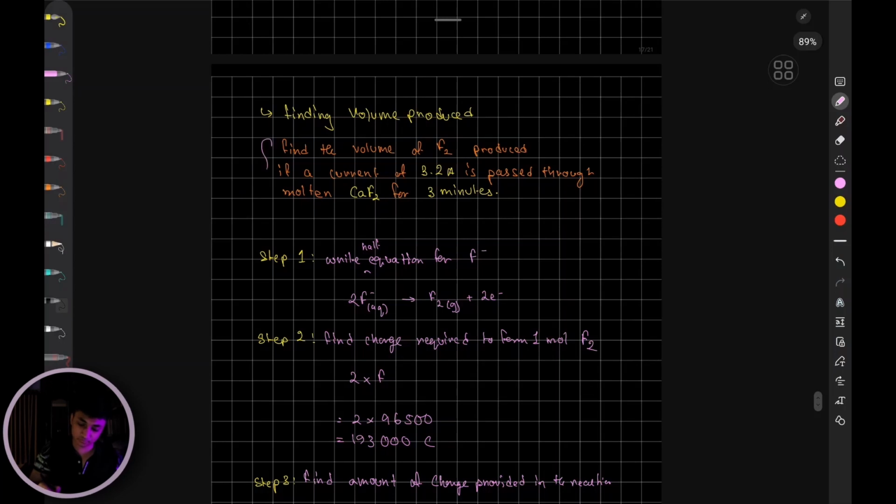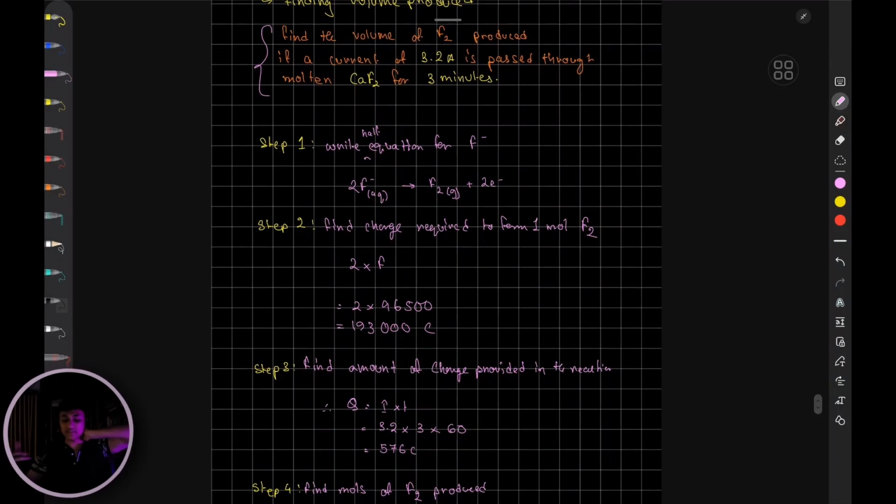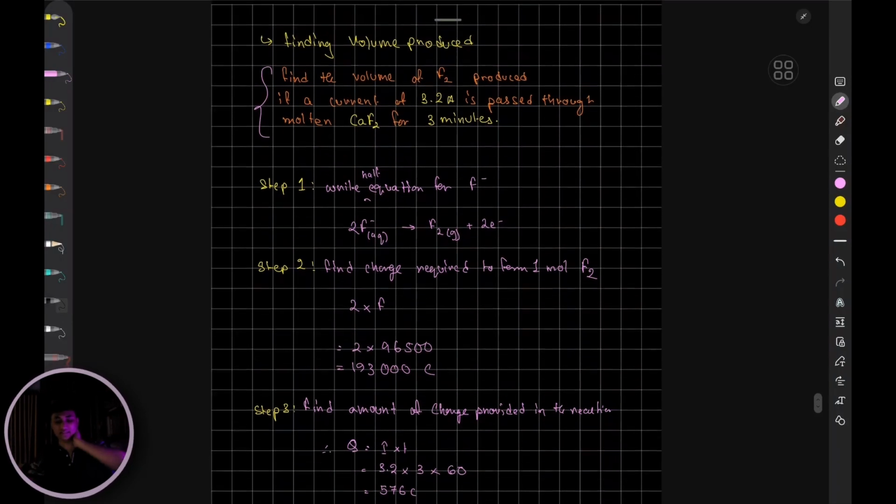Okay, fair enough. So in this case, to find the volume of fluorine gas being evolved, what are you going to do? The same few steps up till finding the moles, because after finding the moles, you're going to find the volume. That's the only difference you have in this case. So up till finding the moles, everything is exactly the same.